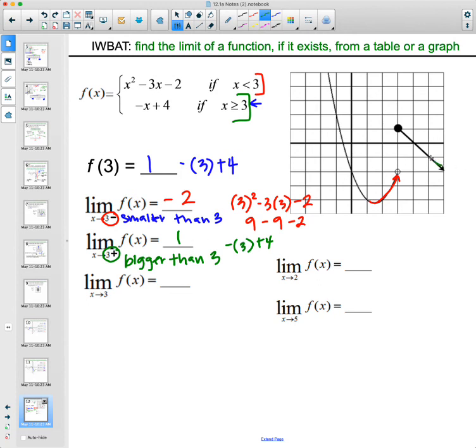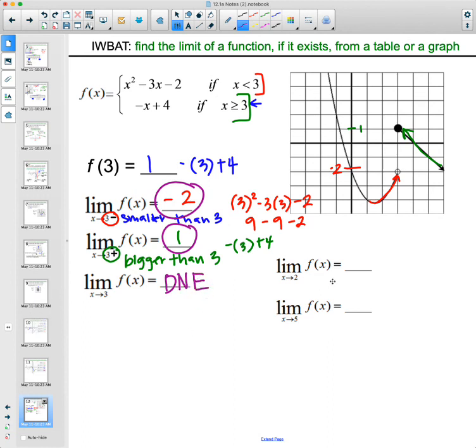And again, when you look at it here, that's matching: the right-hand side is going towards a height of 1 versus the left-hand side was going towards a height of -2. So then the overall limit, when we look at the left-hand limit and the right-hand limit, they are different. So this overall limit does not exist.